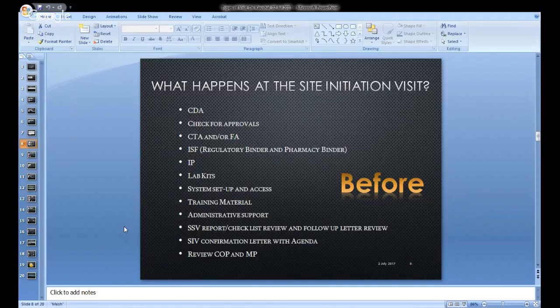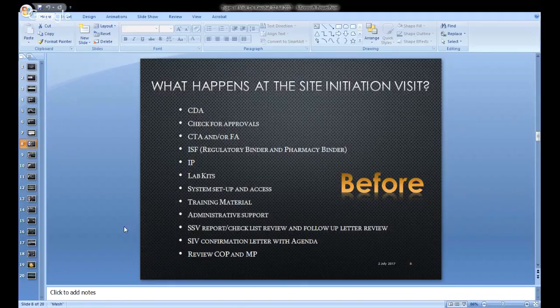SSV report, checklist review, and follow-up letter review. We are aware that every visit at the site is only completed once your report and follow-up letter are finalized. So before you go for the site initiation visit, ensure you review the previous visit report.